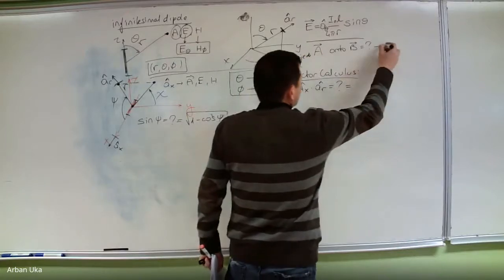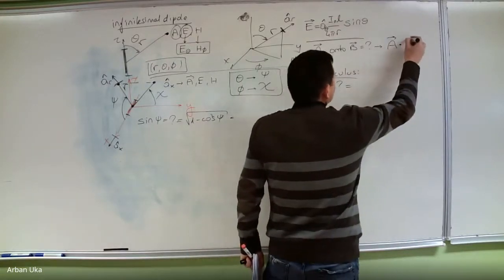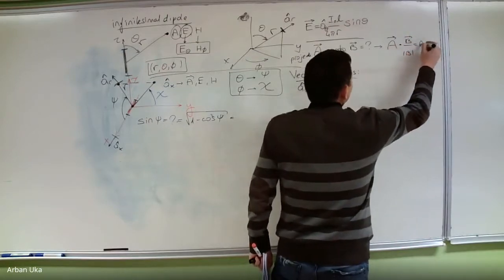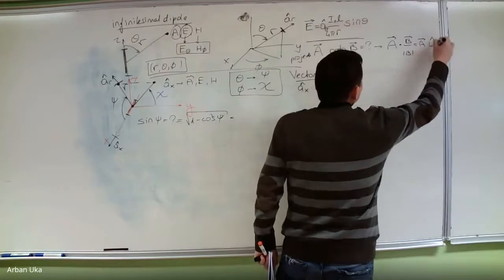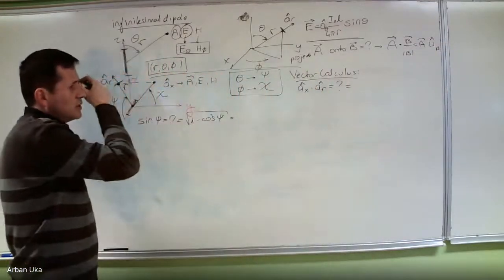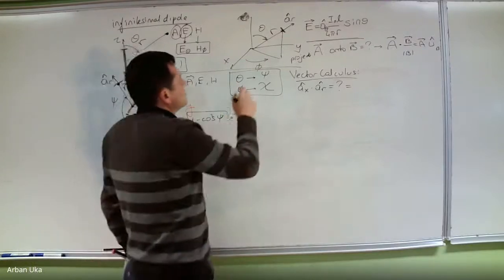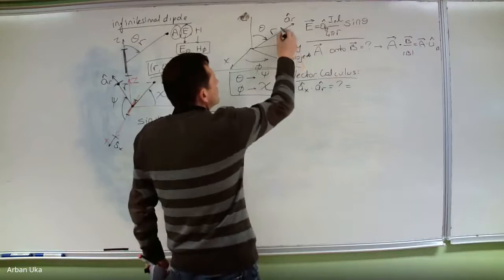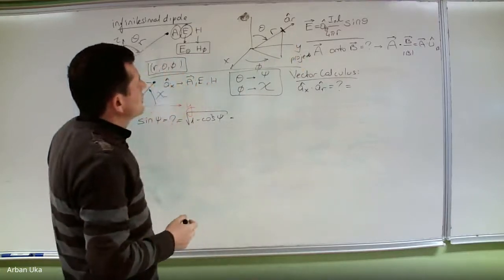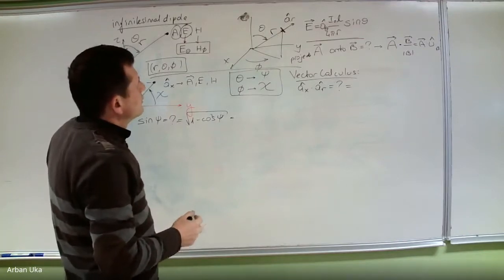We always write this as A dot product with B divided by the magnitude of B, which is A dot the unit vector along B. And when we do it, we should determine the angle between the two vectors.